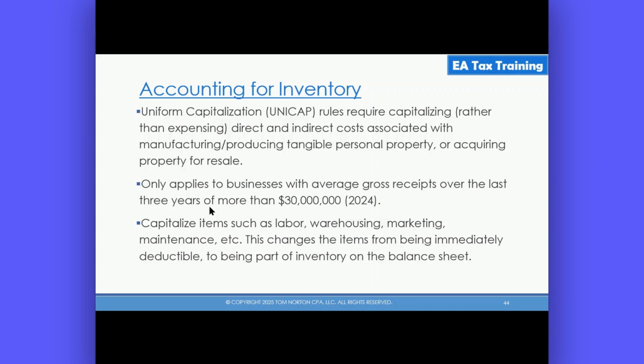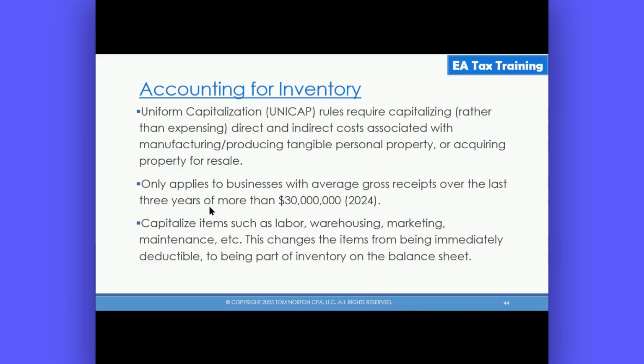So they're saying you can deduct all of these expenses at the same time you recognize the income. And the way you do that is by making those expenses part of the value of the inventory. Then when the inventory sells, you recognize the income, you recognize cost of goods sold, and you get to take the deduction. That's what UNICAP is all about.